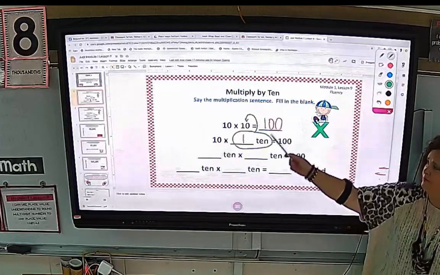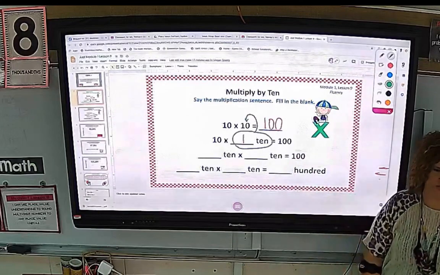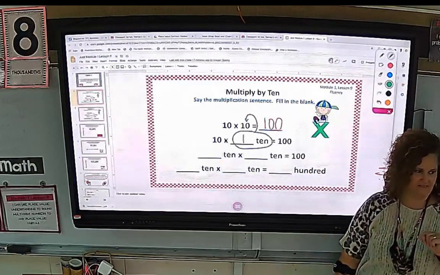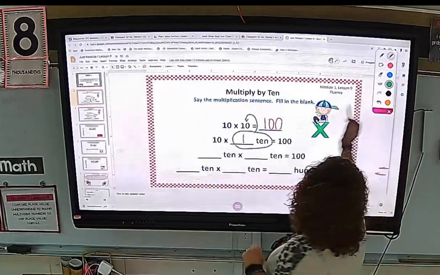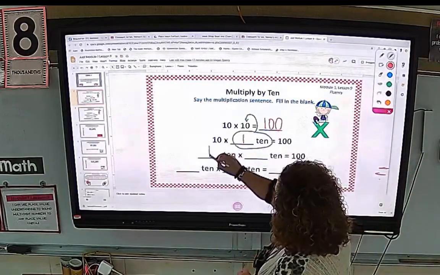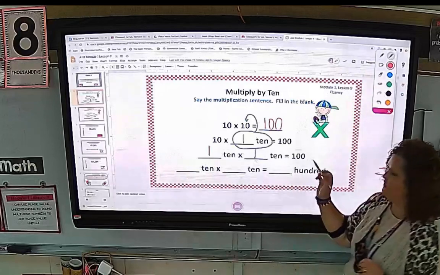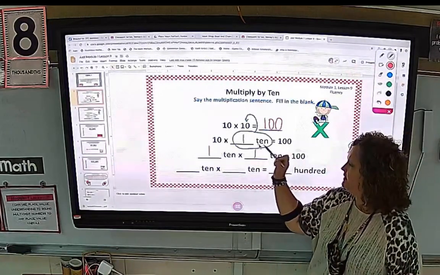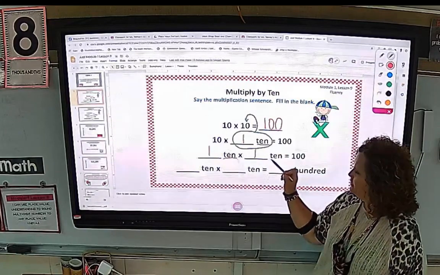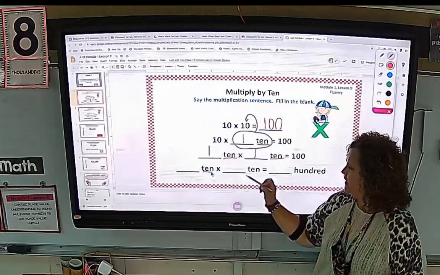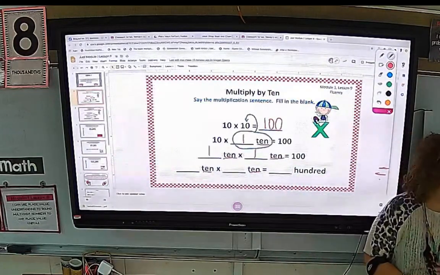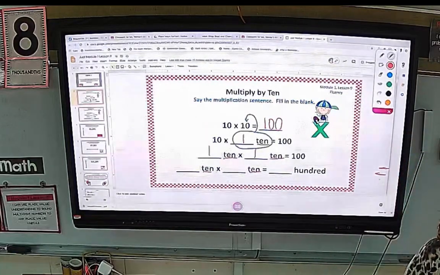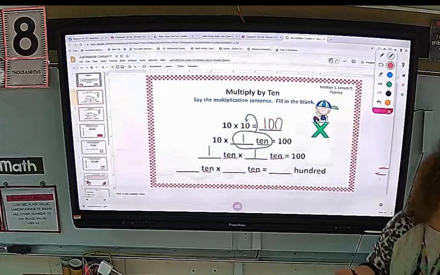It's the same problem. These are all the same problem. They're just changing the way they're saying it. 1 ten times 1 ten equals 100. Sometimes when they throw these unit words like this into what we're doing, it confuses us. And it shouldn't, because it's the same thing. But if we're never used to seeing it, it might confuse us.